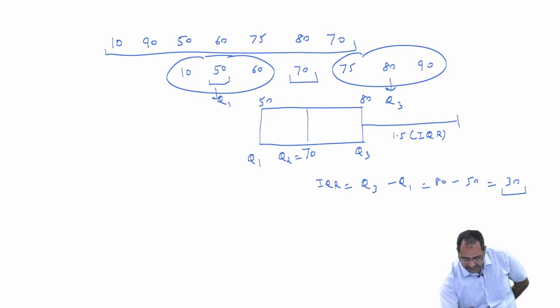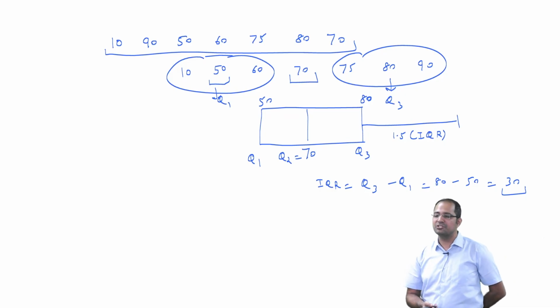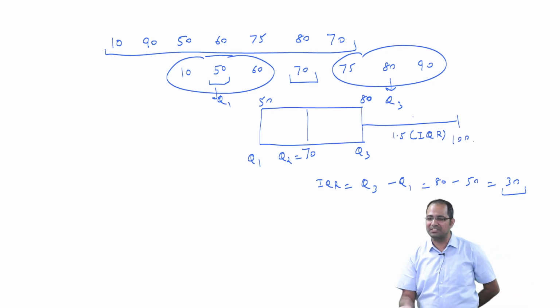So Q3 is 80, and it cannot go higher than 100. If I add 80 plus 45, it will become 125, which is not possible. So in this case, the maximum whisker will be till 100, because it cannot go beyond.